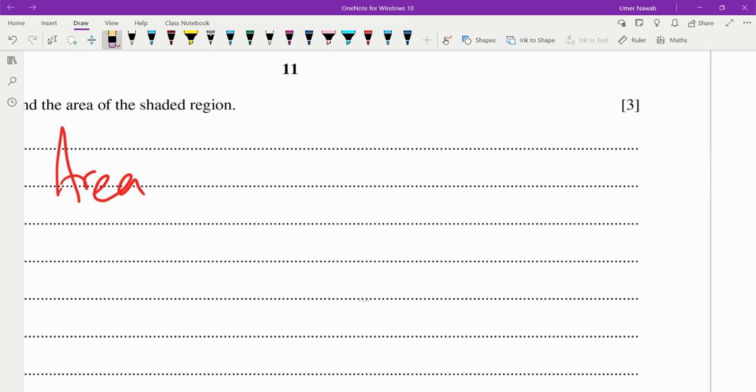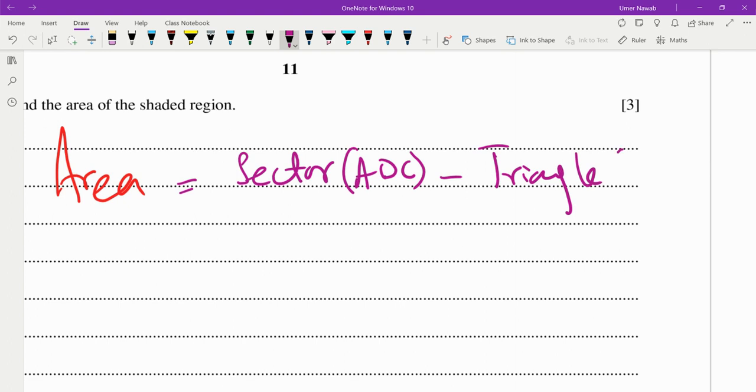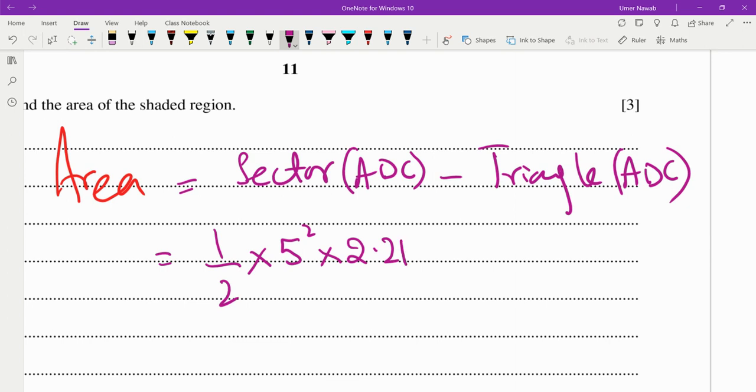Area shaded will be equal to what? The sector is bigger. I'm talking about the ADC sector minus the ADC triangle. So what is the formula for the area of a sector? Half r squared. What was the radius? 5 squared. And what is the theta you found? 2.214. And what is the triangle area?